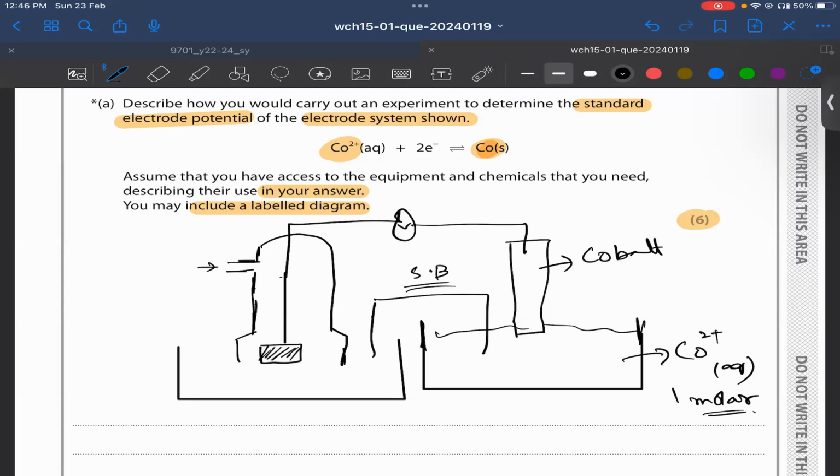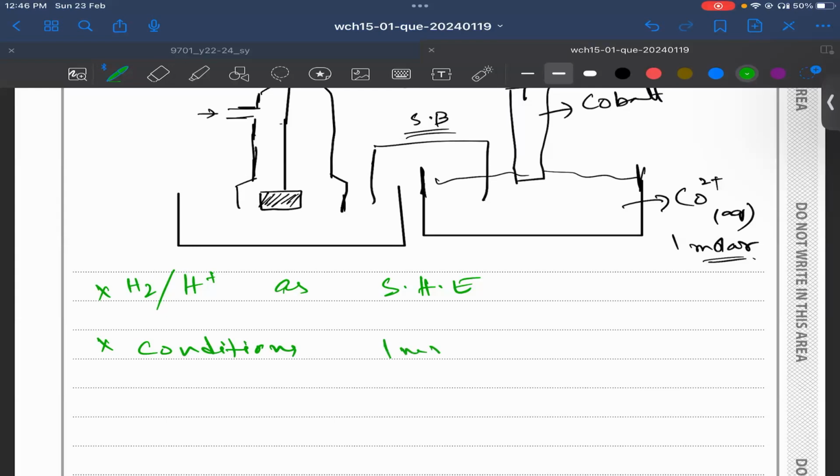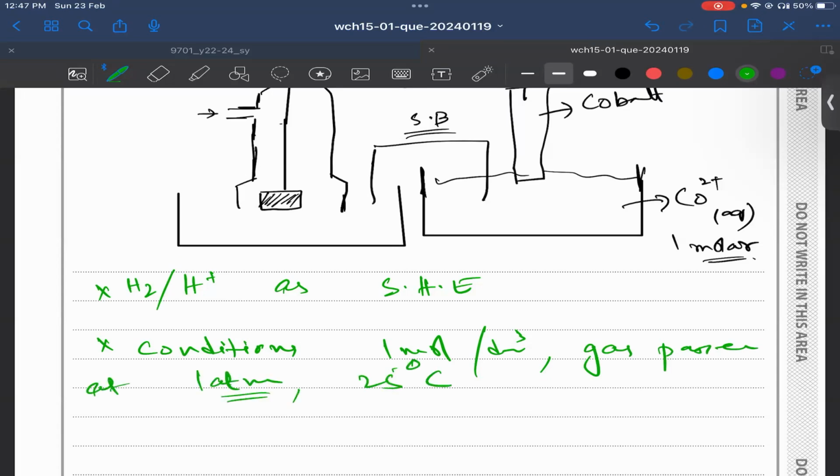So first you'll describe that we'll use hydrogen H plus ion as the standard hydrogen electrode, right? And the conditions will be 1 mole per dm cube, and gas passes at 1 atm, temperature 25 degrees centigrade.